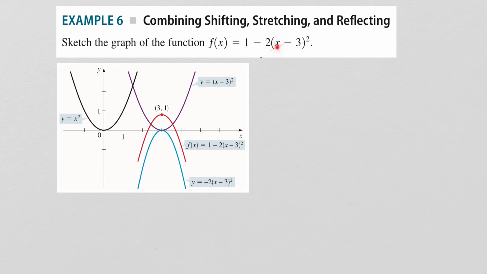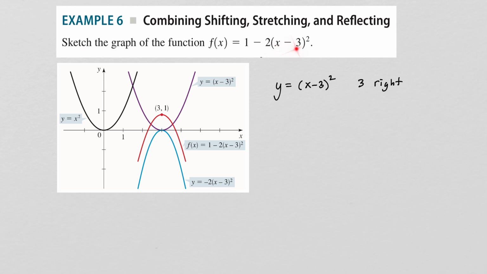So if you plug in a number, what's the first thing you would do to that number? Well, the answer is you would subtract 3 from it. So the first thing that's going to happen is you're going to subtract 3 from x and then square it. Now what does that graph look like? Well, this is going to be a graph that is shifted 3 units to the right. And so you can see that is represented by this purple graph right here.